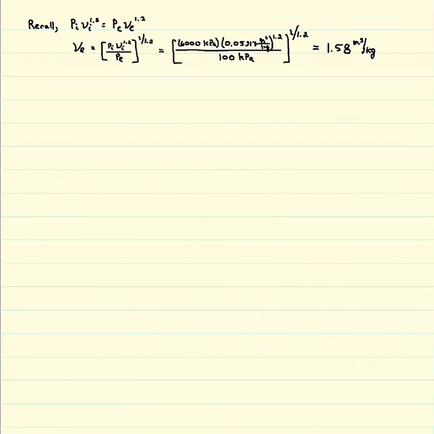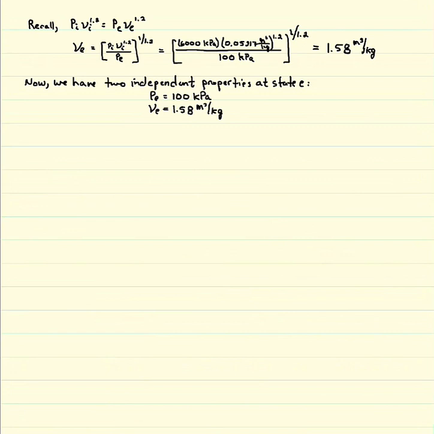Now we have two independent properties at the exit state. We have our exit pressure, which is equal to 100 kPa, and our newly calculated exit specific volume, which is 1.58 cubic meters per kilogram.